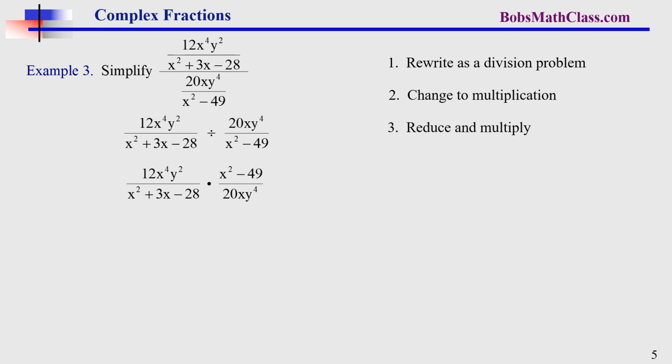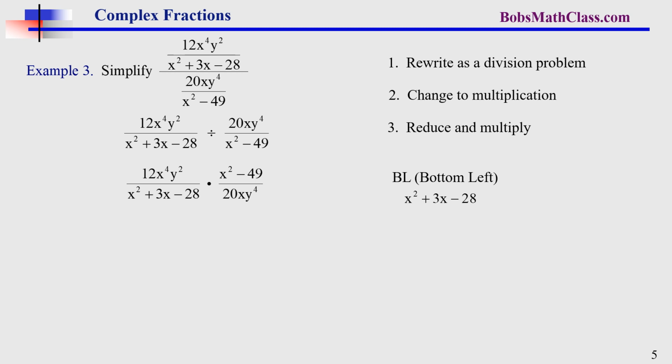Now we're going to reduce. So you have done this before. You're going to have to factor the trinomial and the binomial. You might want to pause the video and then factor those two. So the bottom left, let's see, x squared plus 3x minus 28. What are the factors of 28 that subtract to be 3?